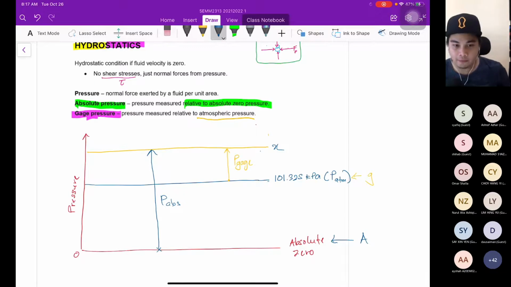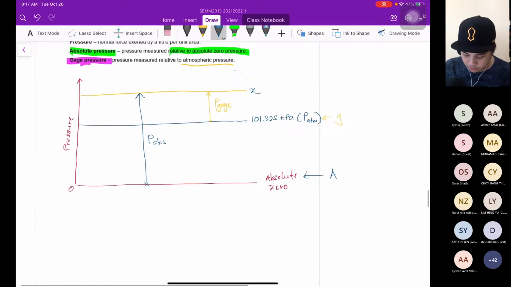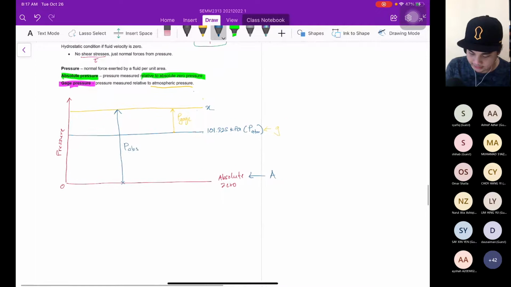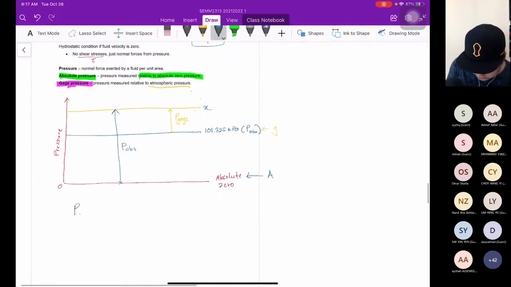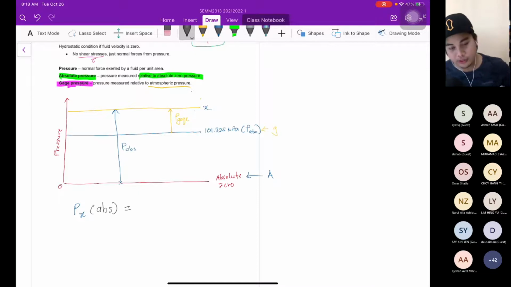While for the gauge pressure, remember, it is relative to the atmospheric pressure. So how to calculate the absolute pressure at X?